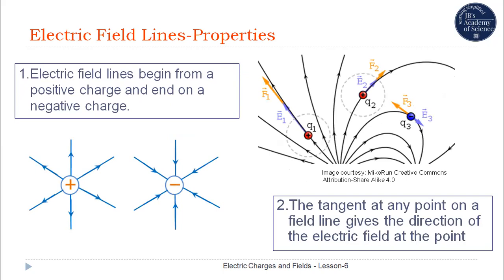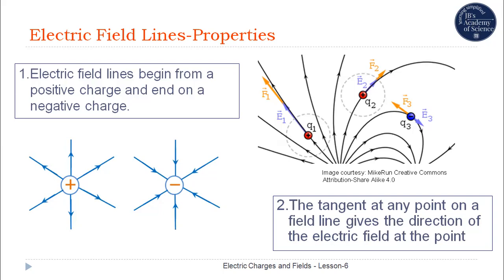The tangent at any point on a field line gives the direction of the electric field at that point. Consider some electric field lines in an electric field. Take any one field line.